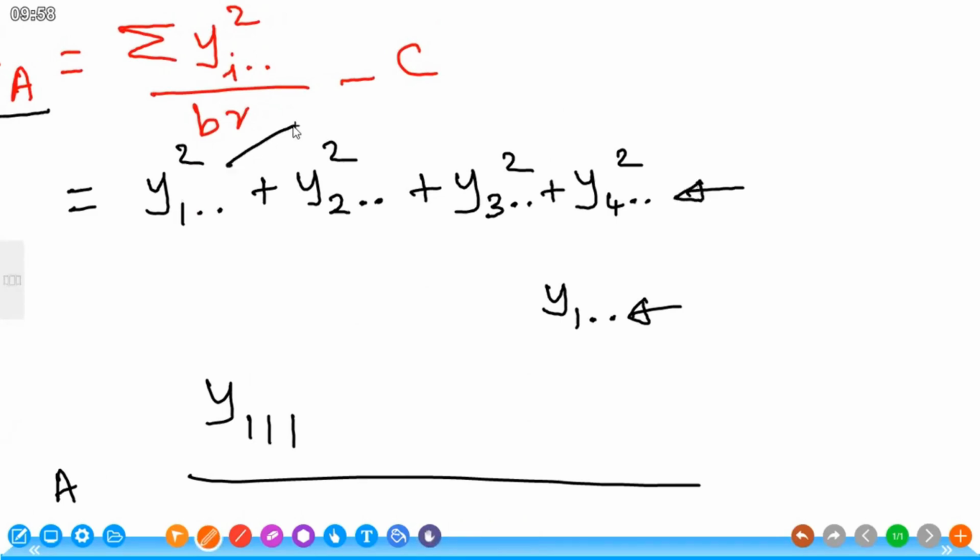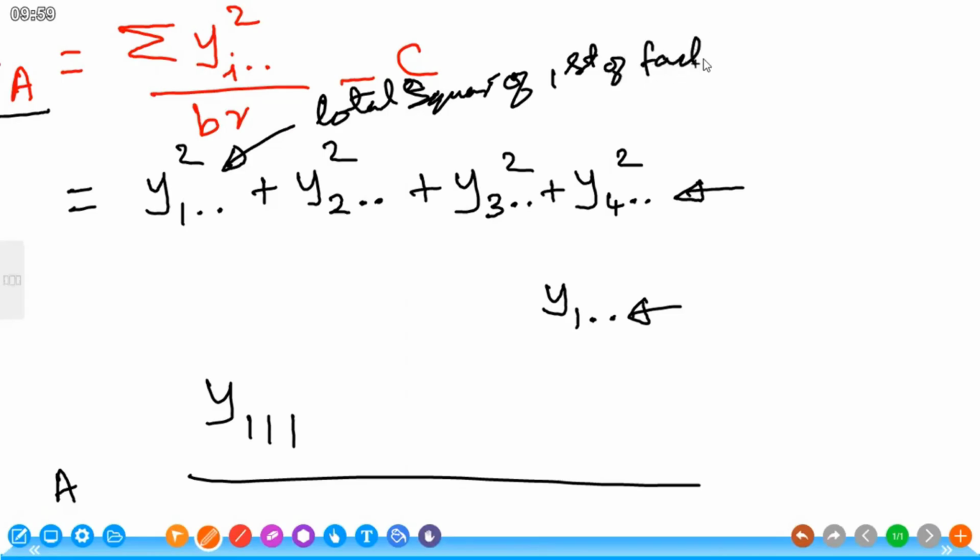So this is actually the total square of the first level of factor A. You add all the values that belong to the first level of factor A, right?